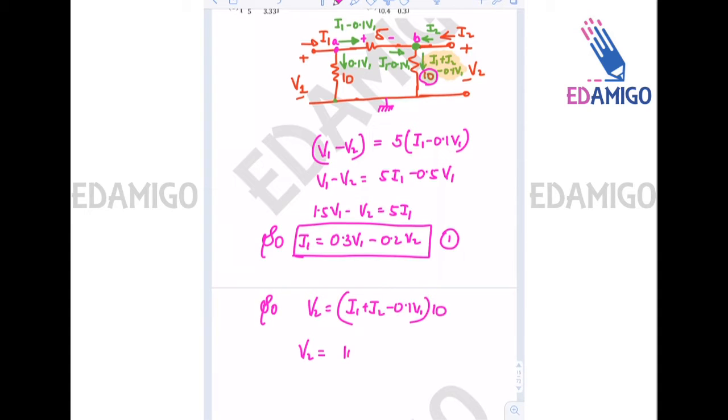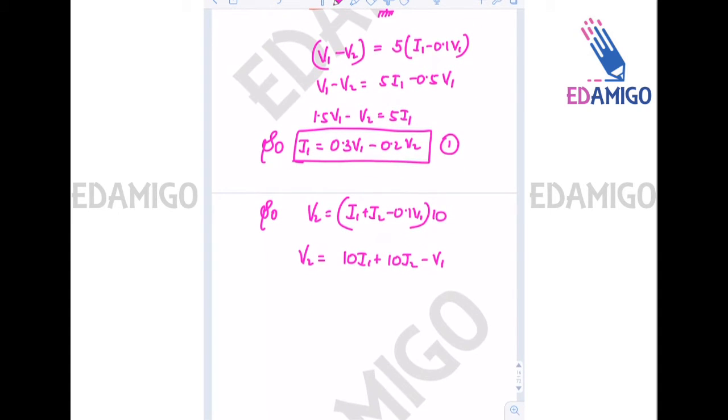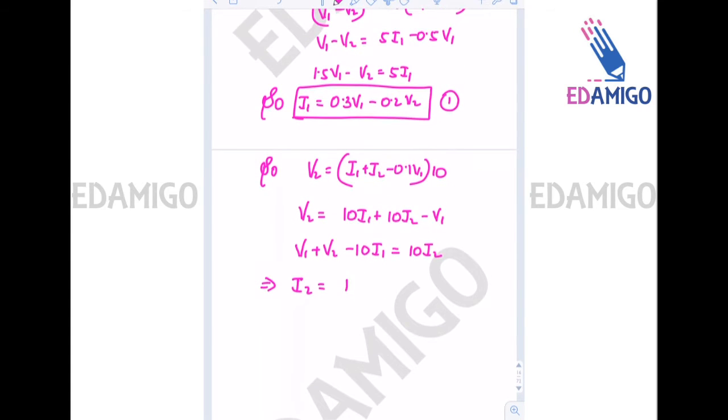So V2 is equal to 10 I1 plus 10 I2 minus V1. So V1 plus V2 minus 10 I1 is equal to 10 I2. This implies I2 is equal to 0.1 V1 plus 0.1 V2 minus I1.